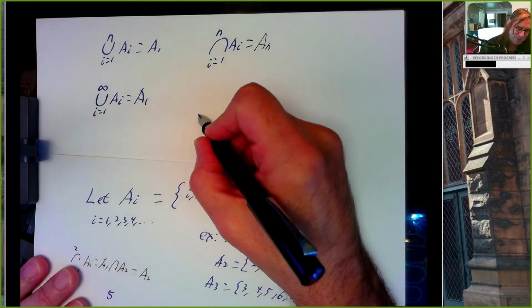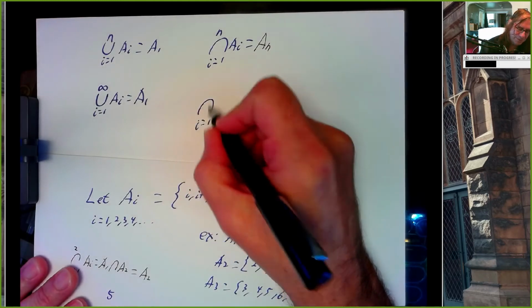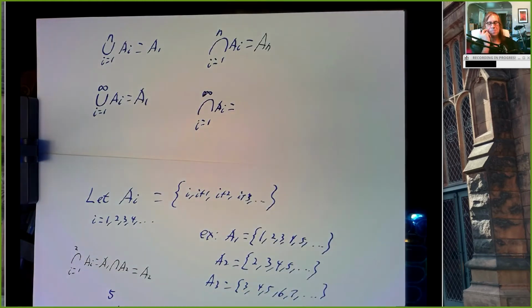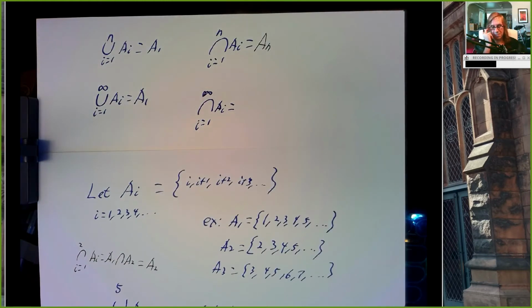Alright, we'll do one more and then we'll move on. What about the infinite intersection? I'm not even sure. The null set is where I'm kind of wanting to go with that. That's not a bad place to go. Any other ideas? What we talked about for aleph null, it's not really a number.